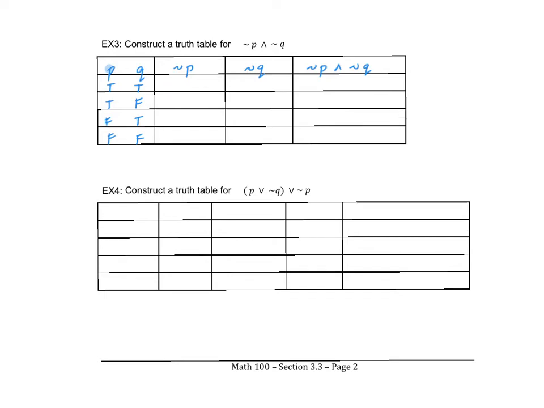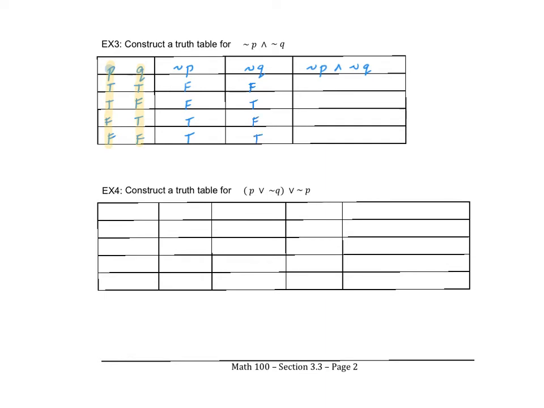Looking at the column for the P values, if P is true, true, false, false, then not P has to be the opposite: false, false, true, true. And if Q is true, false, true, false, not Q is false, true, false, true.